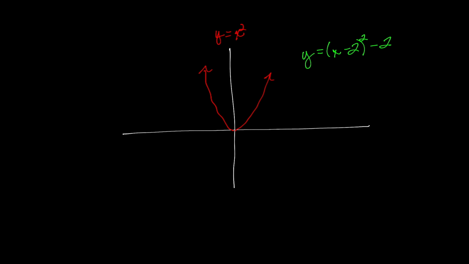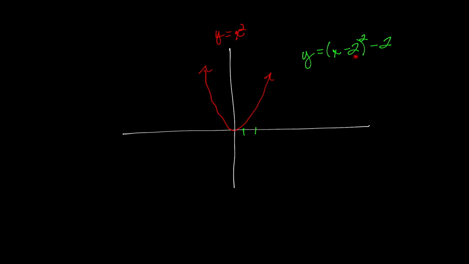So here's what's going to happen. Just like with order of operations, we're going to start inside of the parentheses and say, all right, this minus 2 is going to move this function 2 units to the right because it's a minus. So it's the opposite. Let me count, 1, 2 units to the right. Then after that, I'm going to move it 2 units down.